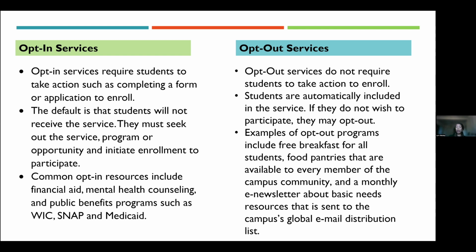And free breakfast for everyone, all students, sometimes staff as well. An e-newsletter that is automatically sent to all students about basic needs resources that are available to everyone. Those are opt-out services. You're all automatically included in the service, and you will receive the service unless you opt out and decide that you do not want to receive that particular service.